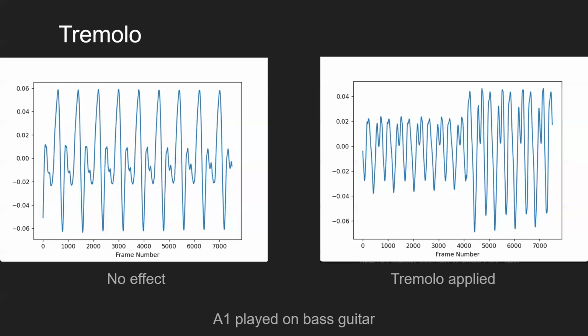So this is what the tremolo effect waveform looks like. On the left is the normal, same thing, the A1 played on the bass, and on the right is what it looks like when it artificially makes it smaller. It's a very short but gradual increase, and then up to normal. I can demonstrate what this sounds like.